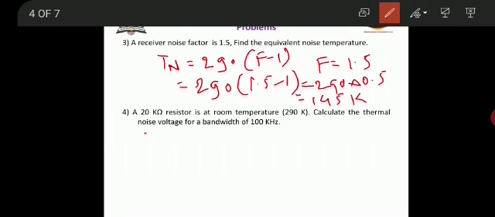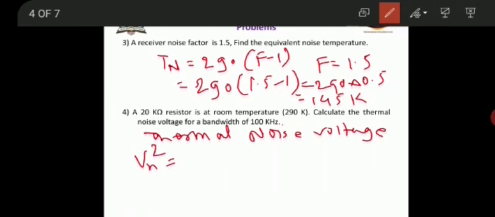As you know, the thermal noise voltage is given by Vn square equal to 4 R K T into B, where R is the resistance value which is given in the problem, K is the Boltzmann constant, T is the room temperature, and B is the bandwidth.